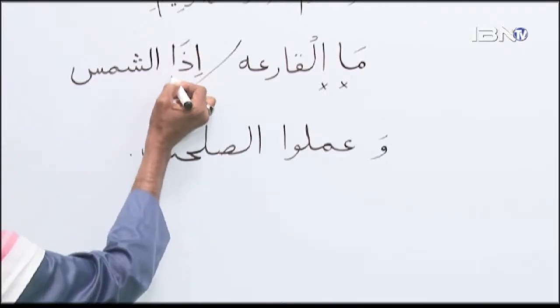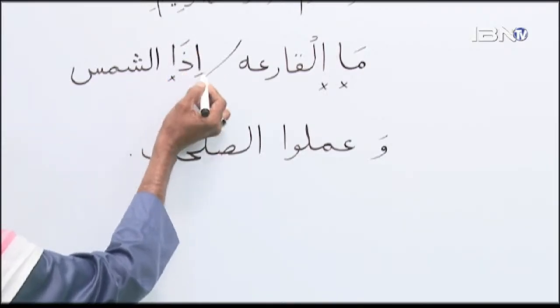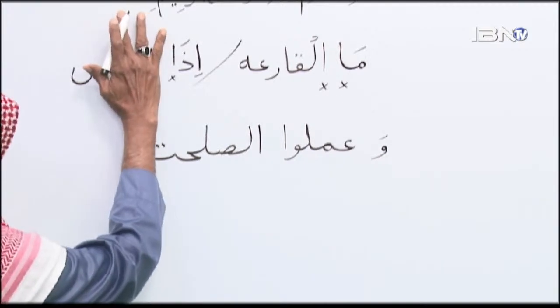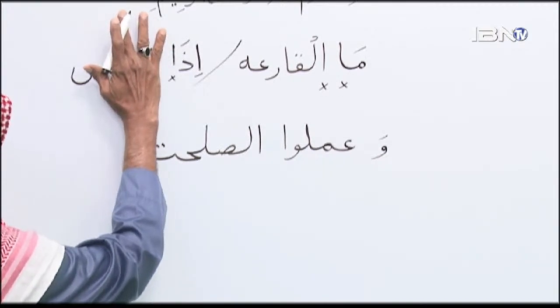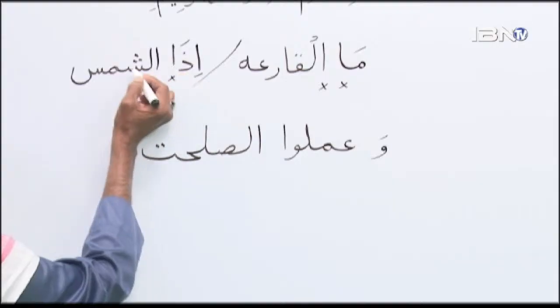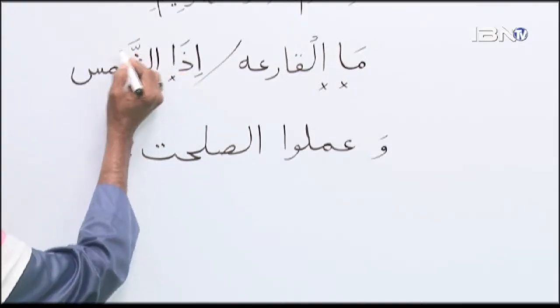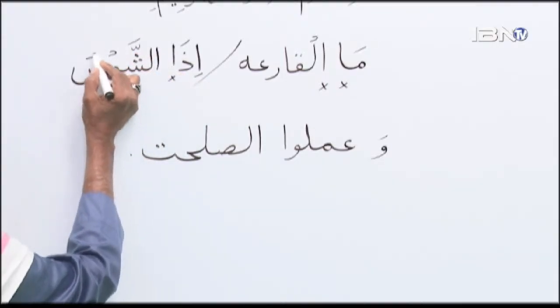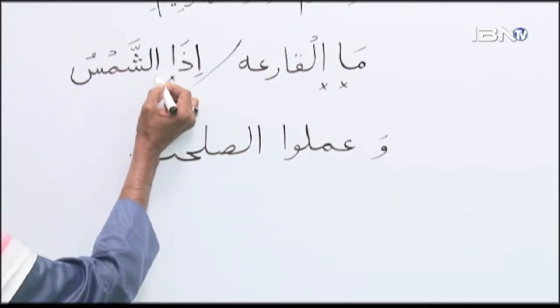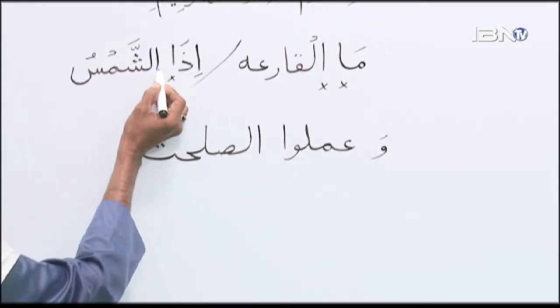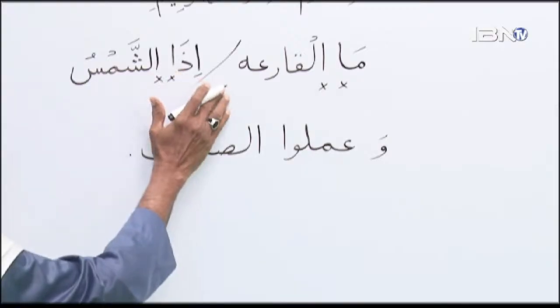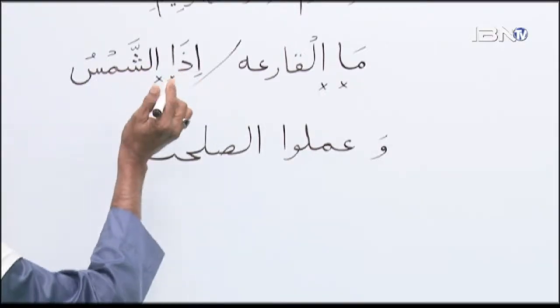So this is one alif not going to be pronounced. By itself it is idha, lengthened. But because it's going to be joined here, all right, the alif is not pronounced for what reason? Because there is a word before. That is the rule that I just explained to you.